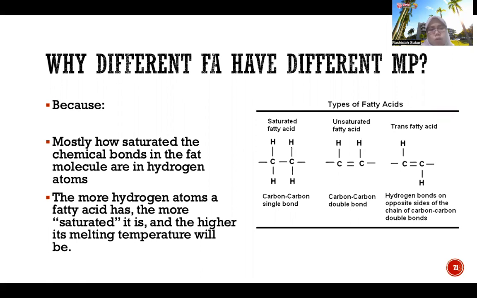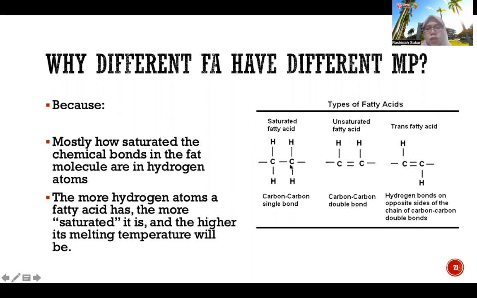Okay, so the more hydrogen atom a fatty acid has, the more saturated it is. Okay, then the higher its melting point will be. Sekarang kita fikirkan kenapa, why is it that a different fatty acid will have different MP?